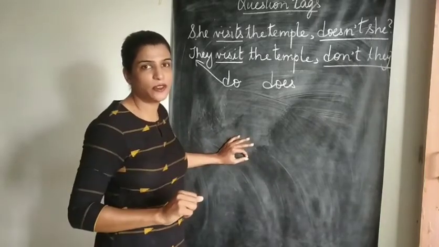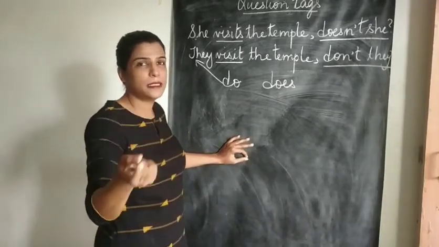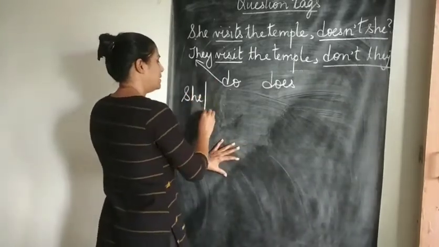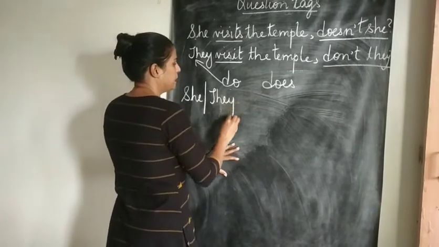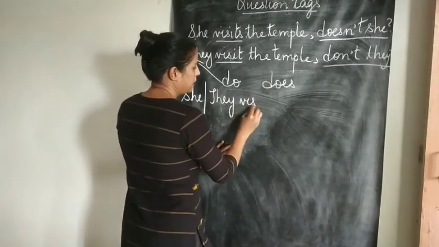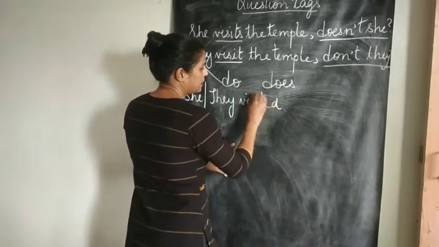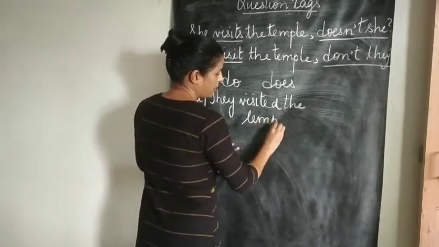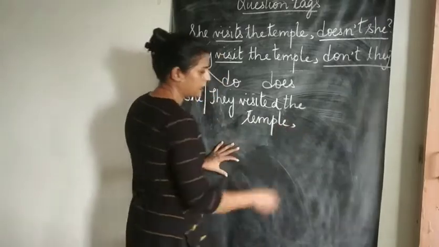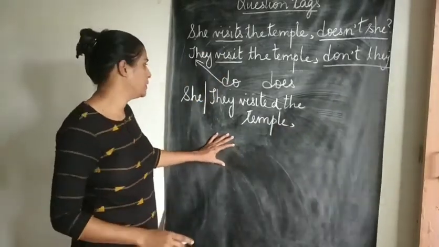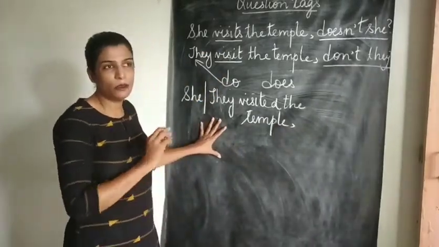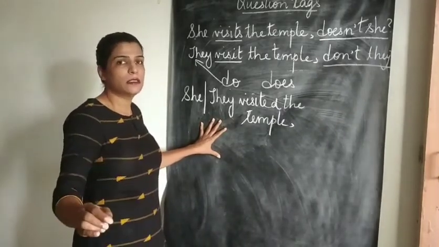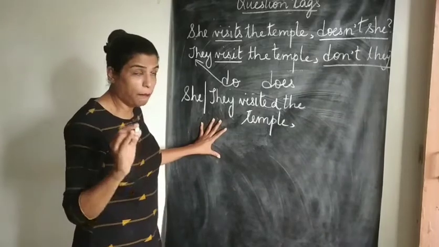Let's see what change will come when the verb is in past tense. She or they. I would write both over here for you to make it easier to understand. She visited the temple. They visited the temple. Now I've written both over here because there will be no impact on the word which I will be using, may the noun be singular or plural.